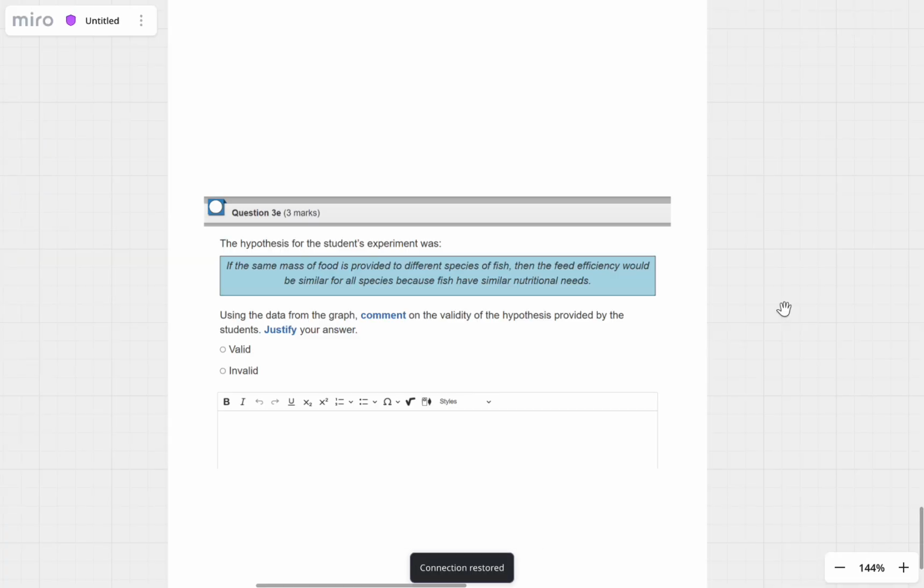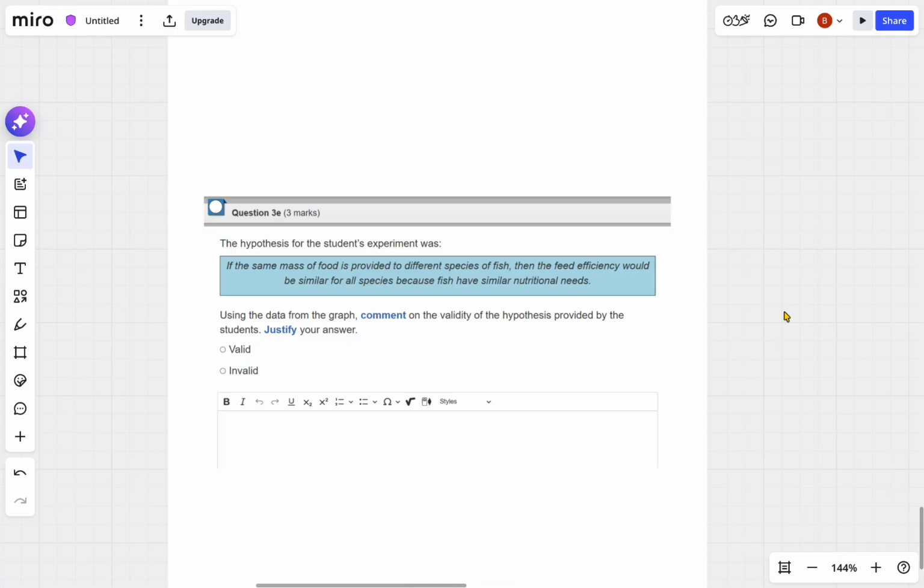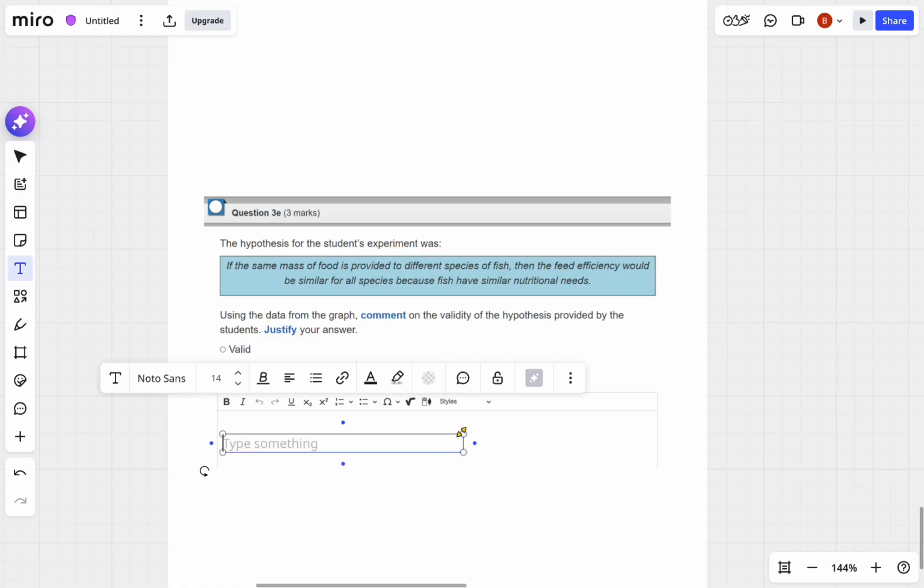But based on our findings, what they're saying is not correct. Their hypothesis is invalid. So we just use evidence from our graph and justify our answer. We just write why we believe this and what evidence we have to back it up.